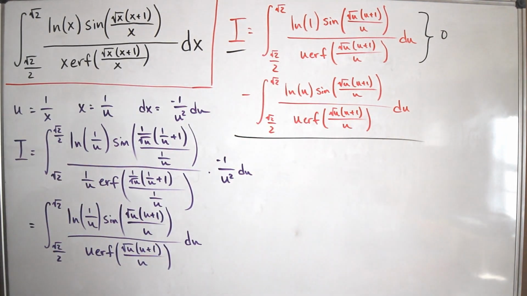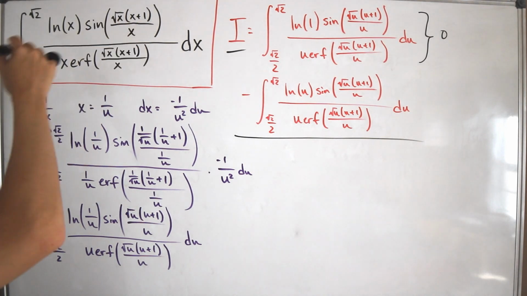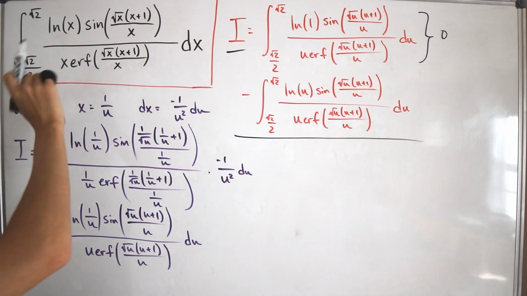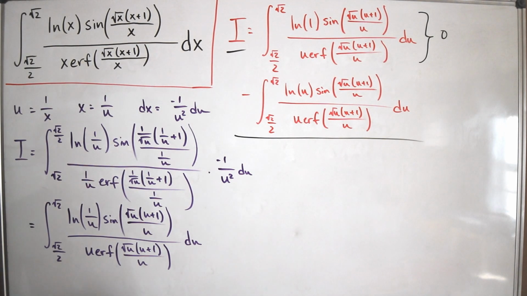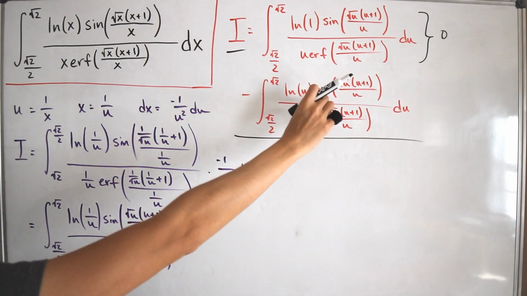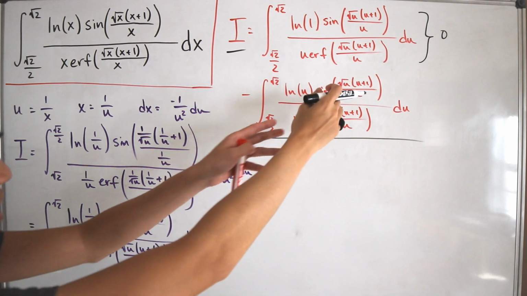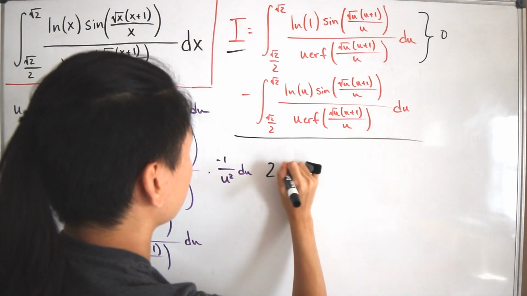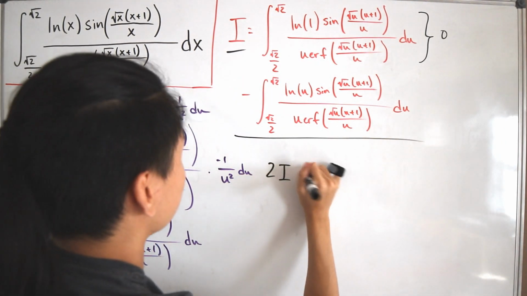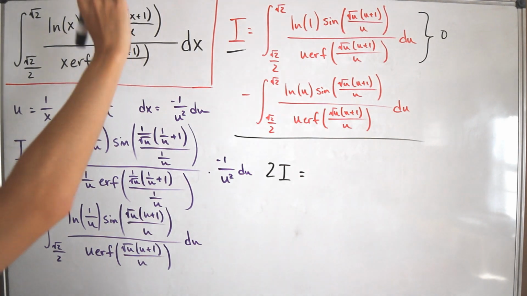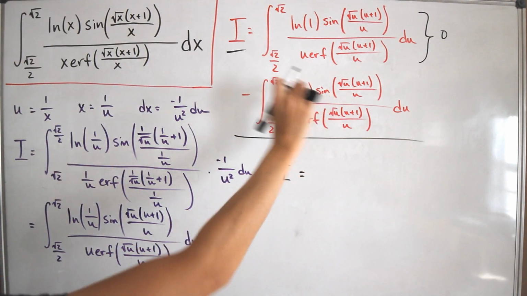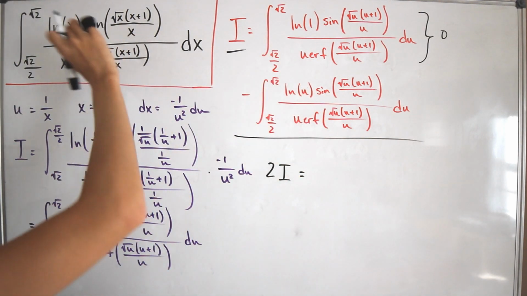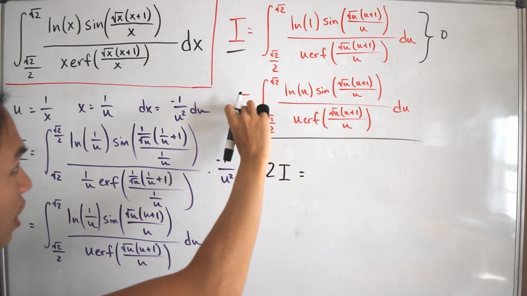What's nice is that we set I equal to the given integral, and after performing all that u substitution, we get another form just like this. The integrand actually matches. So what happens if I take 2 times I? I can take this first integral and add it with this integral, which is a subtraction over here.